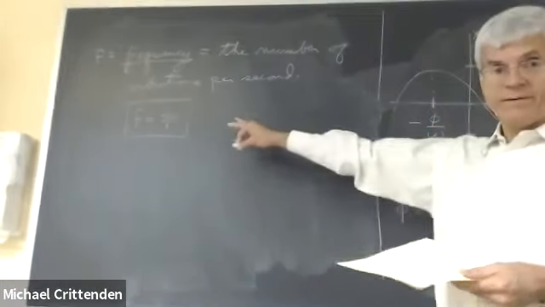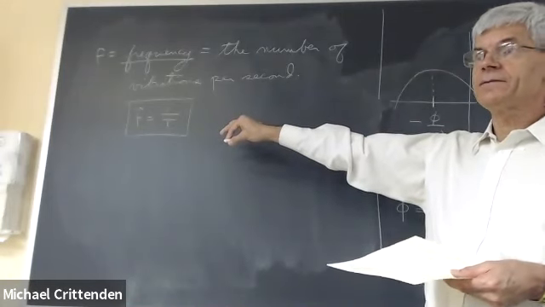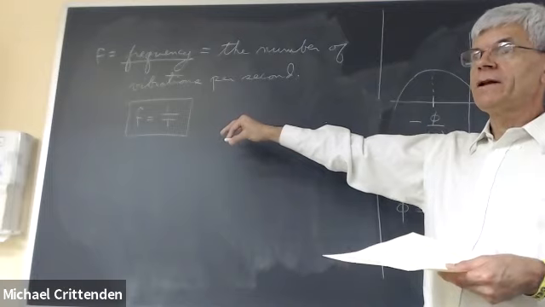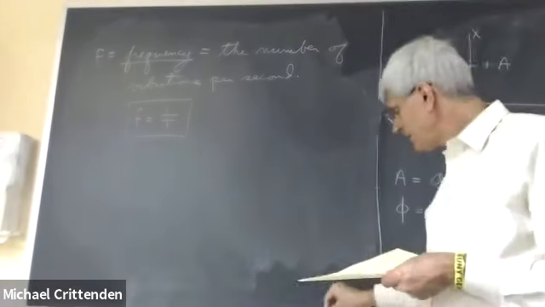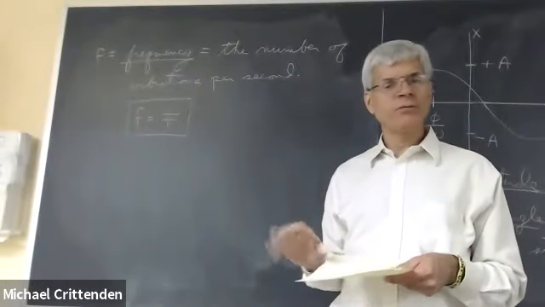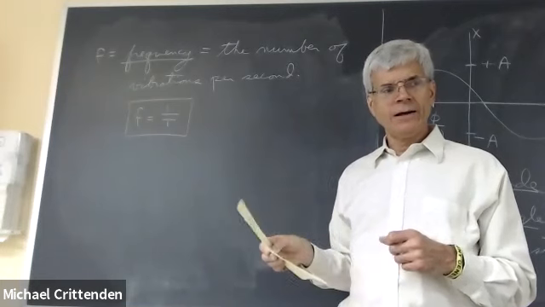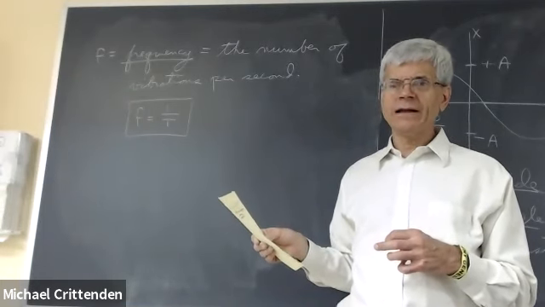This would be the general definition of frequency for any kind of vibrating. A synonymous word is oscillating. Just be careful of that one. I've heard people mispronounce it slightly and call it osculating instead of oscillating.